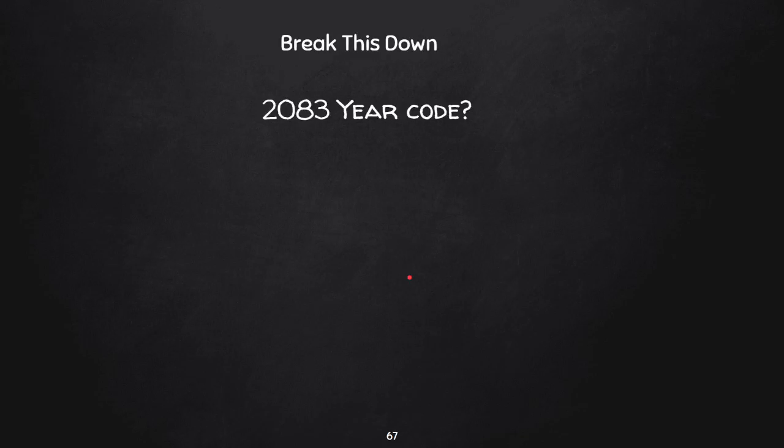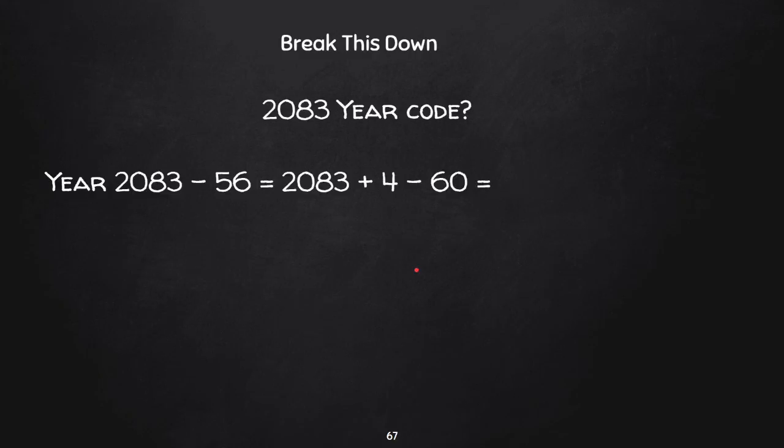So our solution becomes 2083 minus 56, which is simply equal to 2083 plus 4 minus 60, which is simply equal to 2087 minus 60. And 2087 minus 60 is simply equal to 2027.